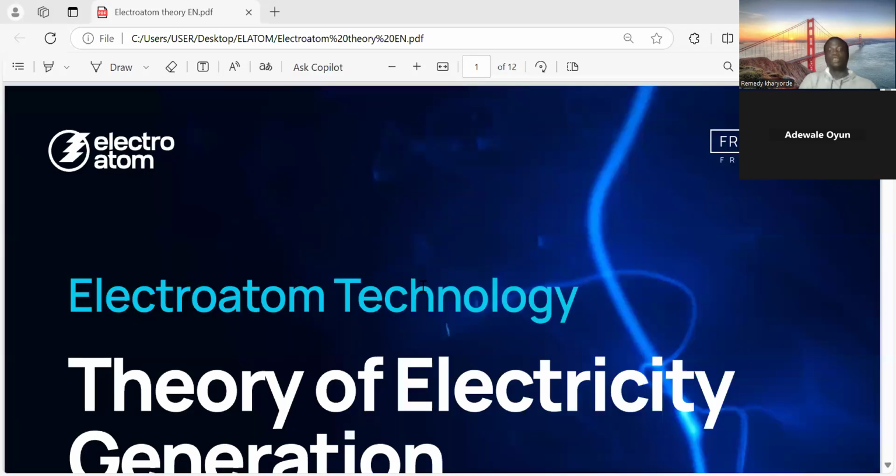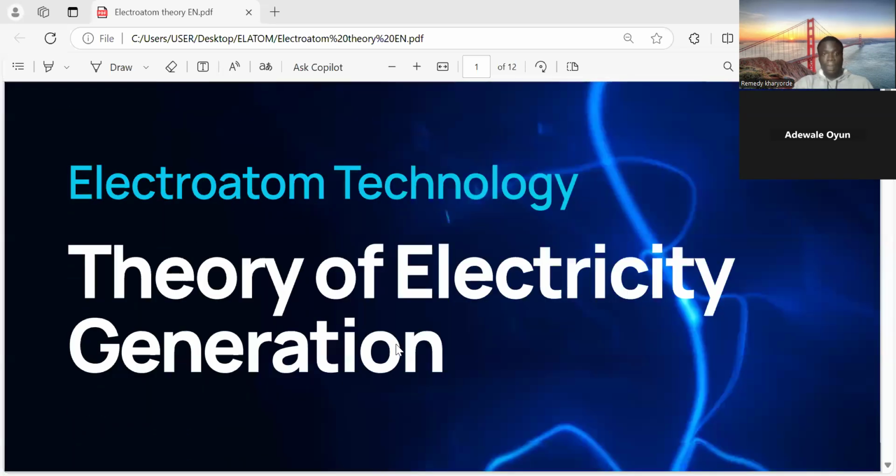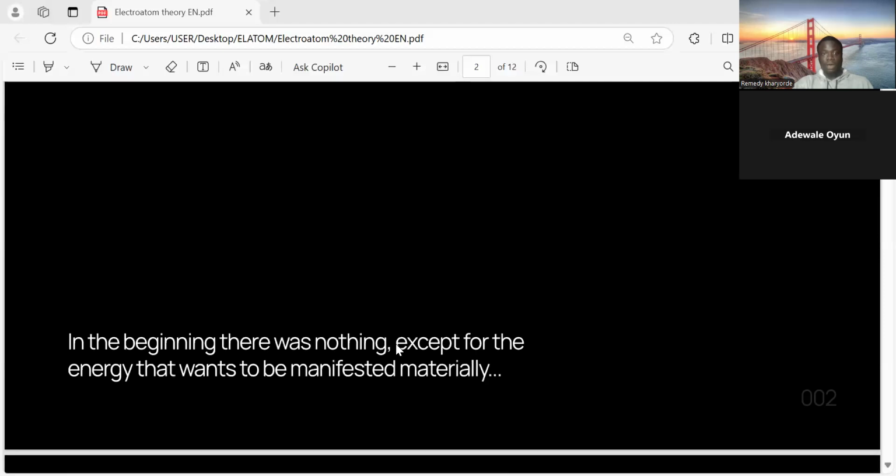Today we'll be discussing the electroatom technology and the theory of electricity generation. So the first slide: in the beginning, there was nothing except for the energy that wants to be manifested materially.